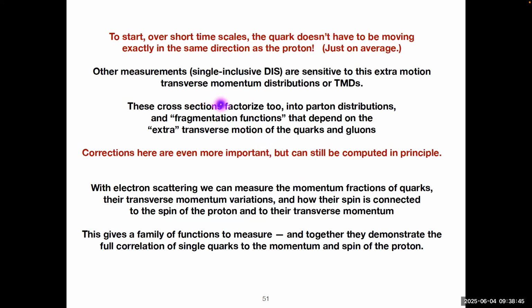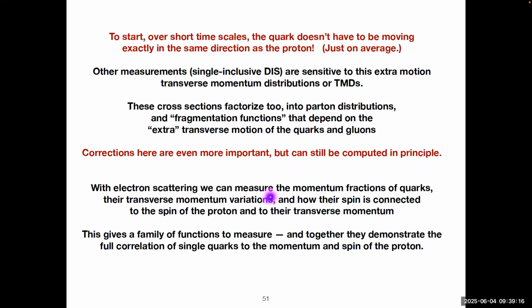These cross sections factorize too into parton distributions and fragmentation functions for the outgoing hadrons that depend on the extra transverse motion of the quarks and gluons. Corrections here, however, are even more important than they are in collinear factorization. They're not just alpha S of mu, they have to do with the average transverse momentum divided by lambda QCD, but they can still be computed in principle.